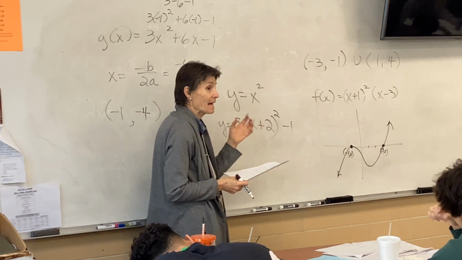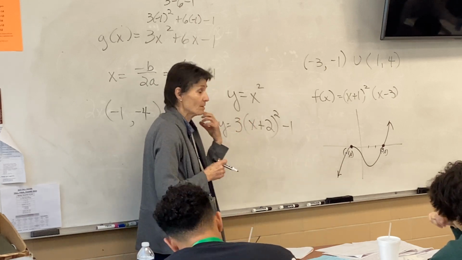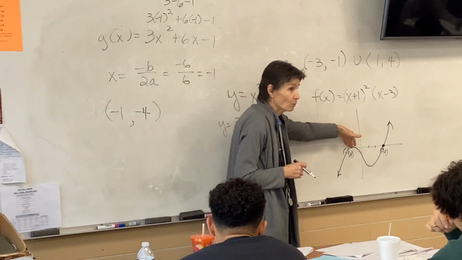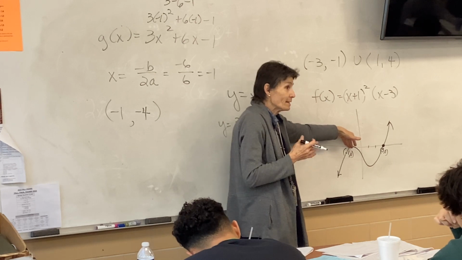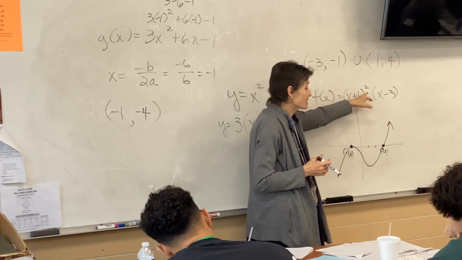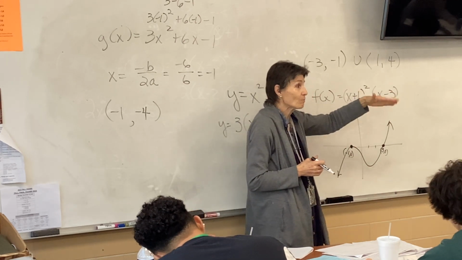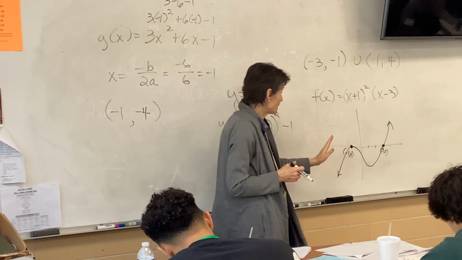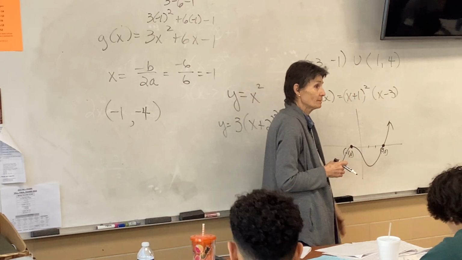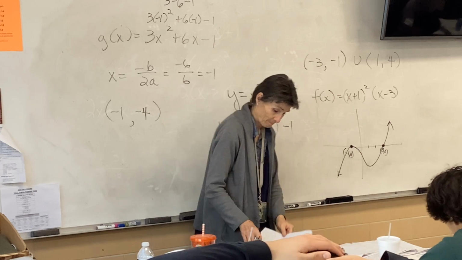What point does that happen? Where does that happen on the picture? -1, 0. And why does it happen there? Because that is a square. Every factor that's squared is going to give you a bounce, right? Every single one.